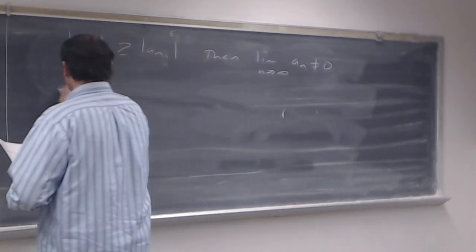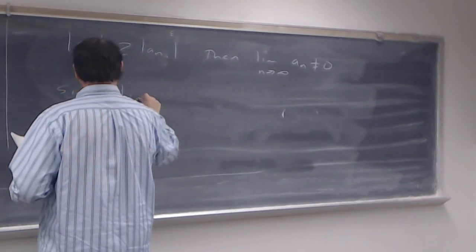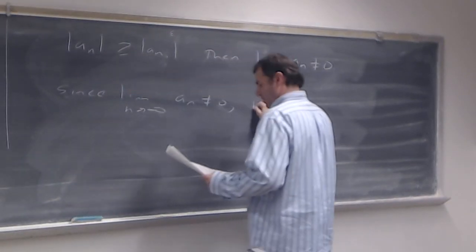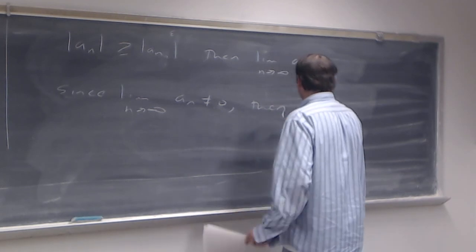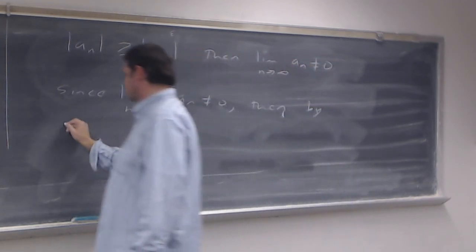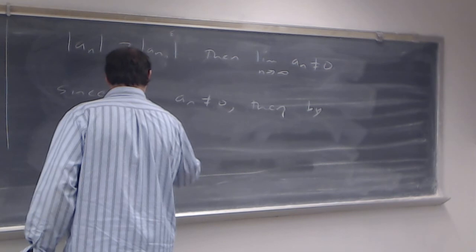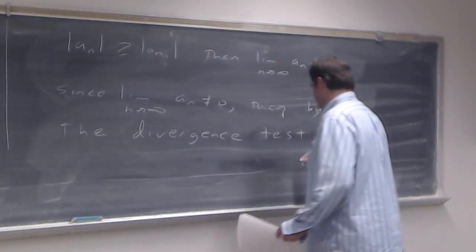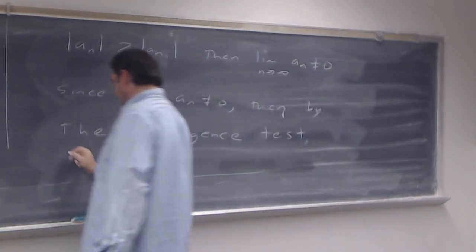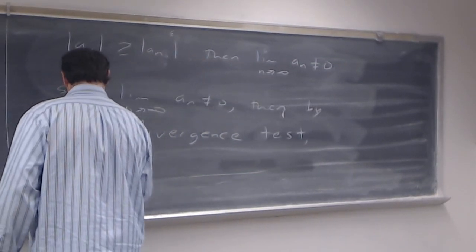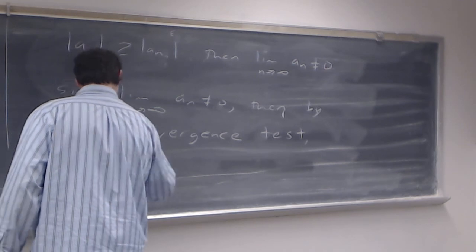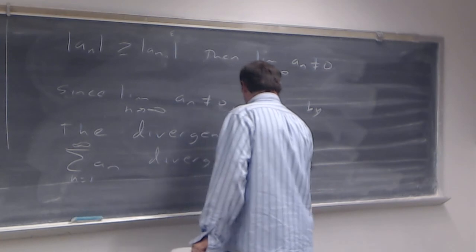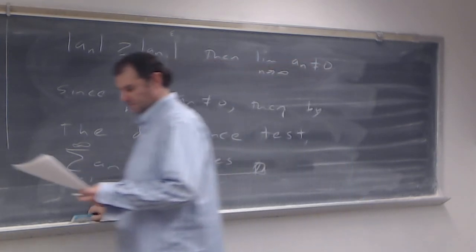All right, so since the limit as n goes to infinity of a sub n is different from 0, by the divergence test, this series a sub n diverges. And that ends the proof of the ratio test.